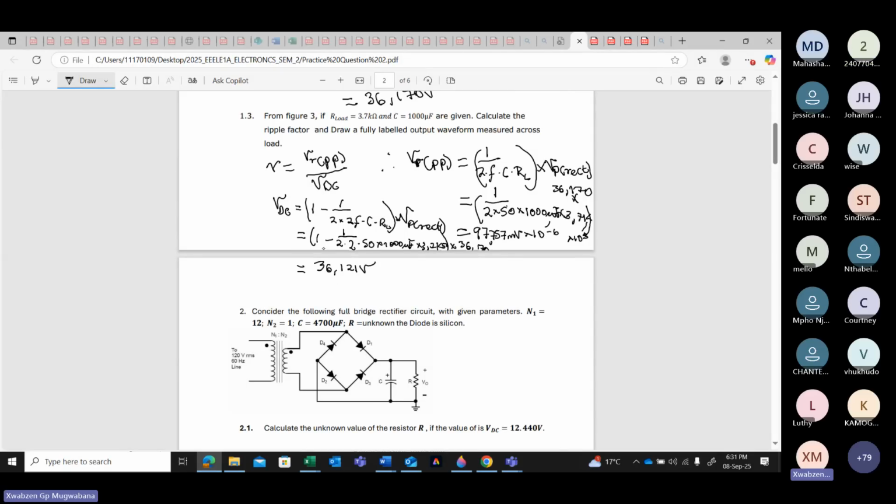Therefore, now you can determine your ripple factor: V ripple peak to peak divided by VDC.